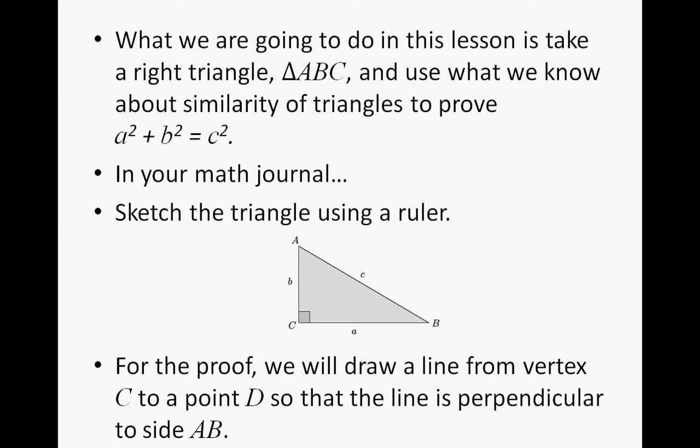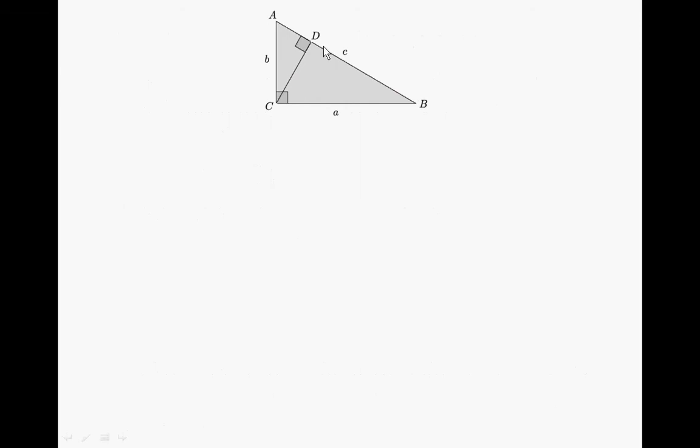Now don't worry about it being exact, but it should look something like this. We will indicate that where this line intersects line AB is a right angle, even though it might not specifically be, but you should try to draw it to where it looks like it should be.